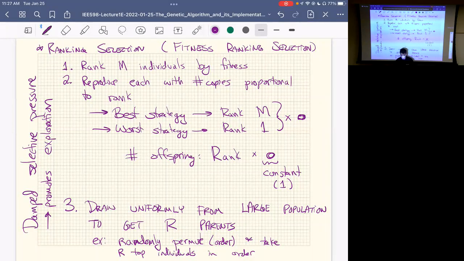The second best comes out as M minus 1 copies, and so on. So now you have a long data structure with a whole bunch of copies of the best one, very few copies of the worst, all in a line. Then I can randomly permute this so that if I start with index 1, I don't know whether it's top ranked or bottom ranked, and then I can just take from index 1 to index R. That's going to be my population. So I just draw randomly from them, and you're more likely to have the really fit ones. That's right.